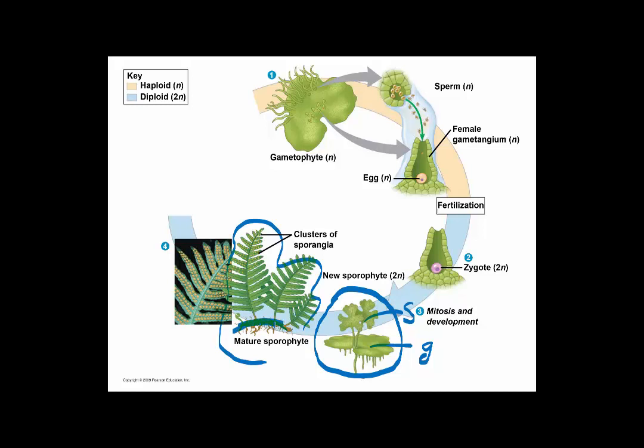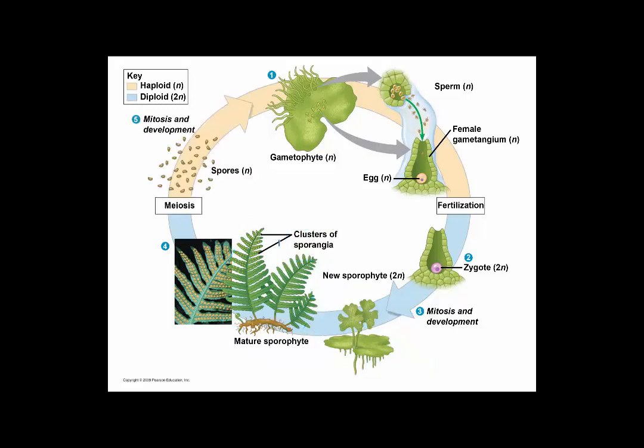And if you were to look at the undersurface of the leaves of a fern, you would see these clusters of sporangia, which are called sori. And when they're ripe, meiosis takes place in them, and the spores, which are haploid, develop into gametophytes.